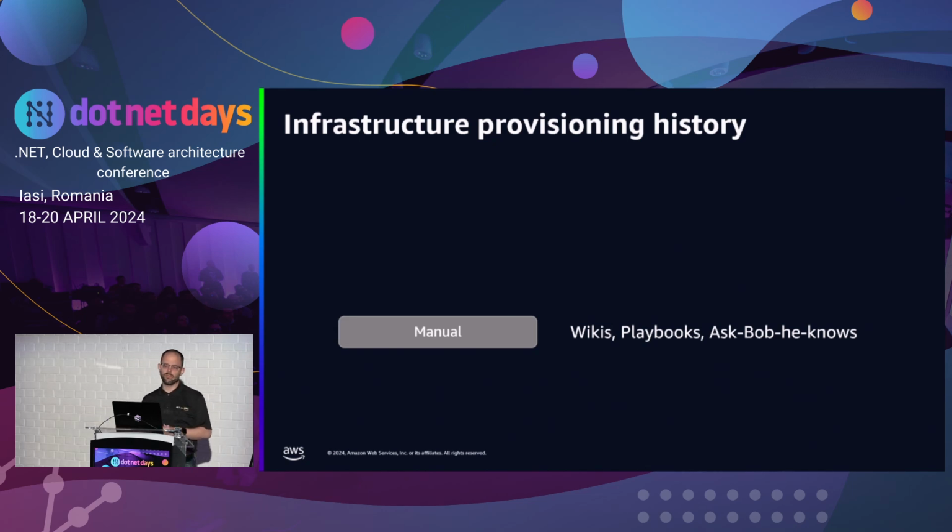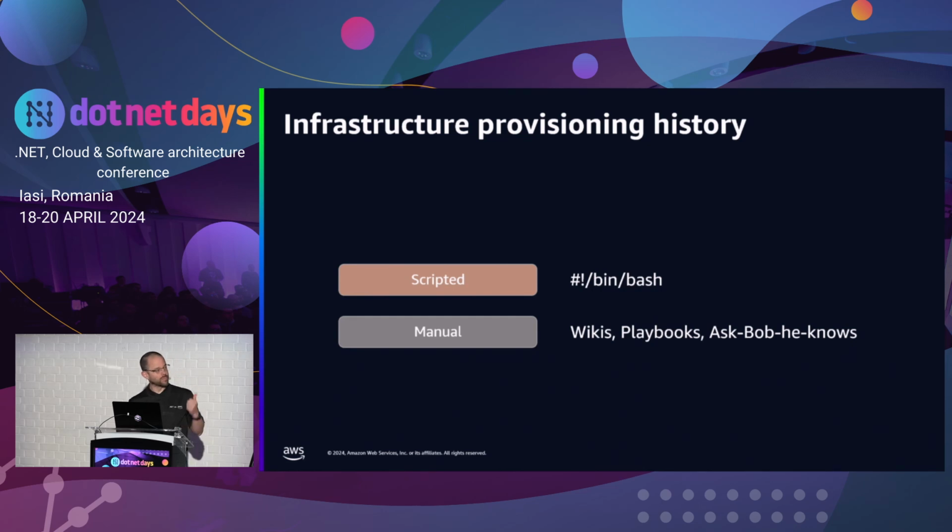You were asking your infrastructure team in your company, okay, I need this, and they told you, okay, you have to fill in this form, and maybe in 2 or 3 months, you will get your servers and you will get everything configured. And the same, in their team, it was all wikis, playbooks, and ask Bob, he knows. And here again, they tried to script things with Bash scripts, PowerShell, and all those kinds of scripts.